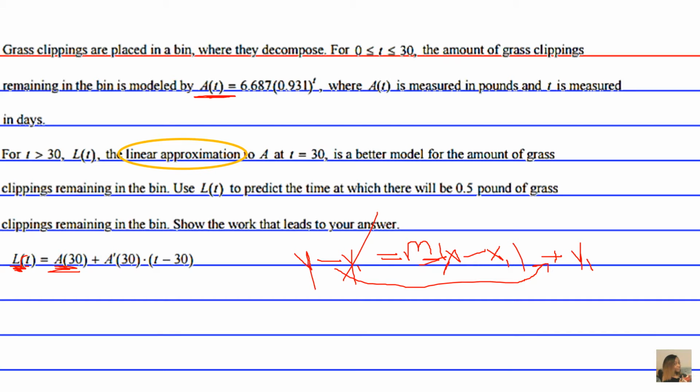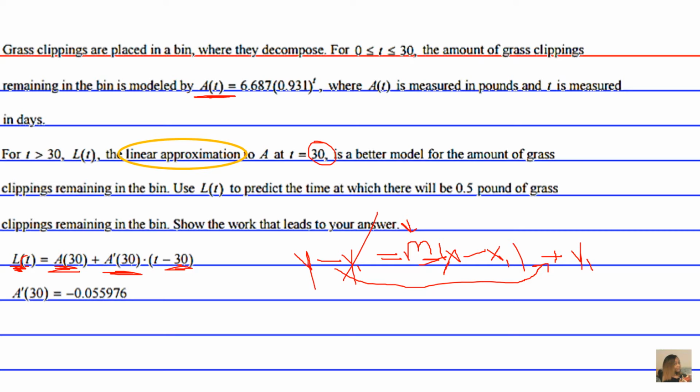We can also figure out the slope, because we can figure out A prime of 30, and our x1 is going to be 30. That information we can just plug into the equation, like I said before. So let's figure out A prime of 30, our slope.